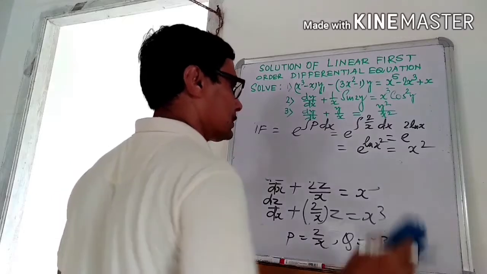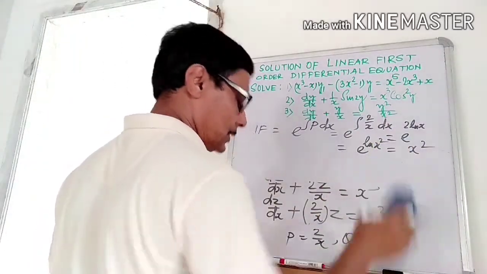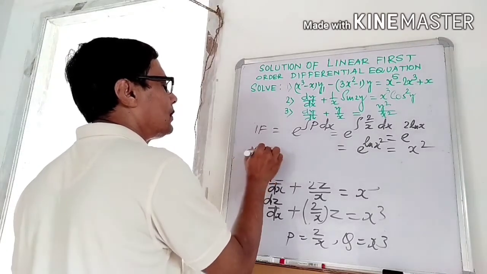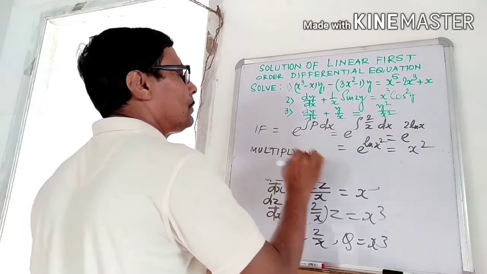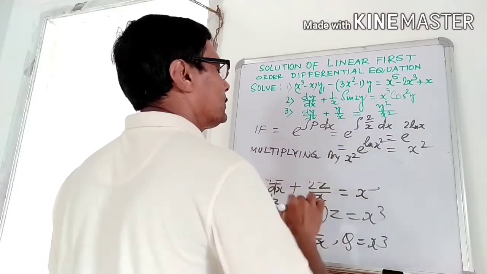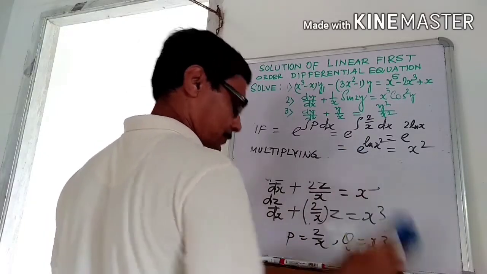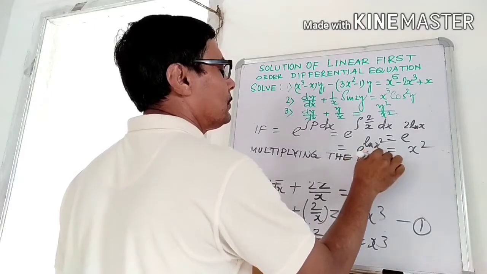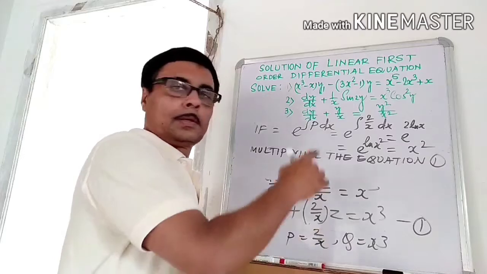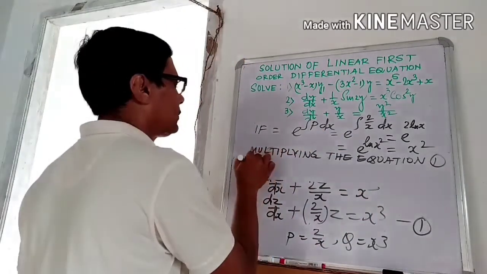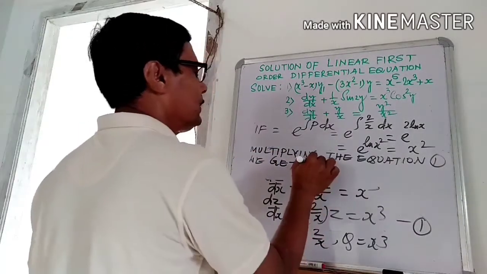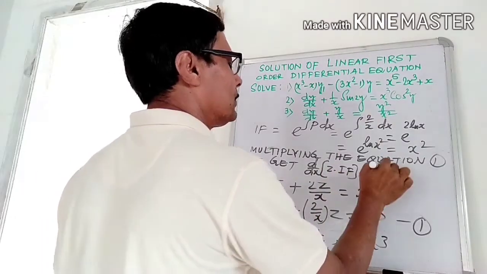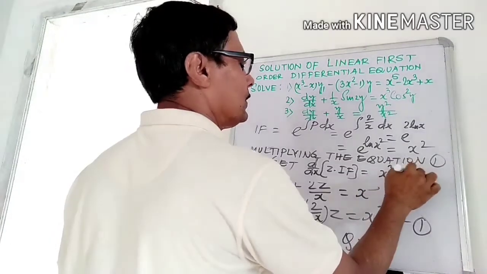If we multiply this equation by the integrating factor x square, we get d/dx of z into integrating factor equal to x cube into integrating factor.